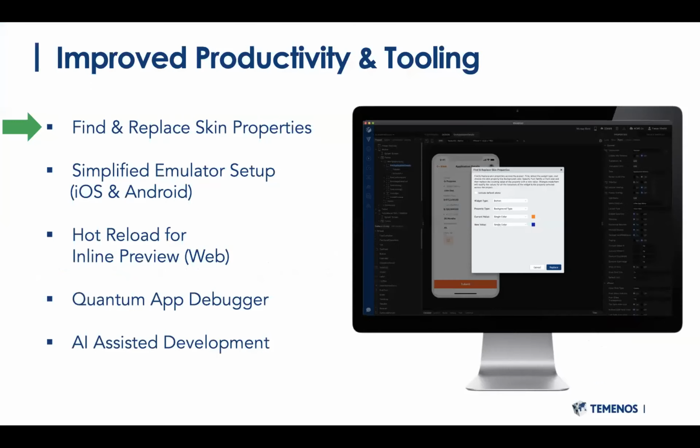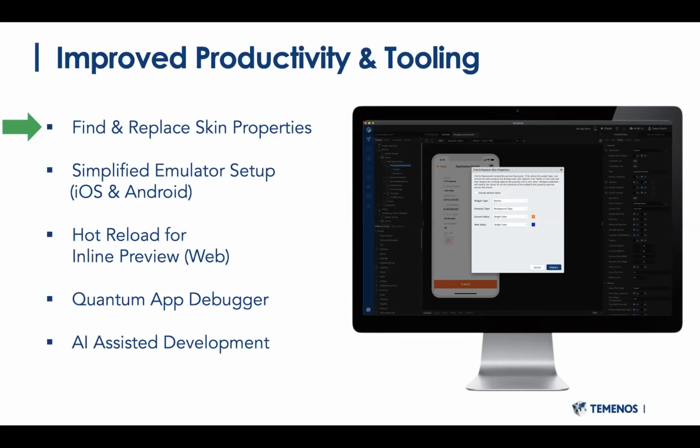So we'll cover these 5 features today. I'll start with find and replace skin properties. Now, this adds a new feature which helps you to find and replace skin properties for widgets that are being used across the project.